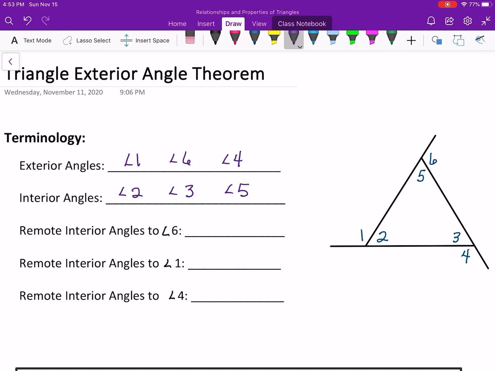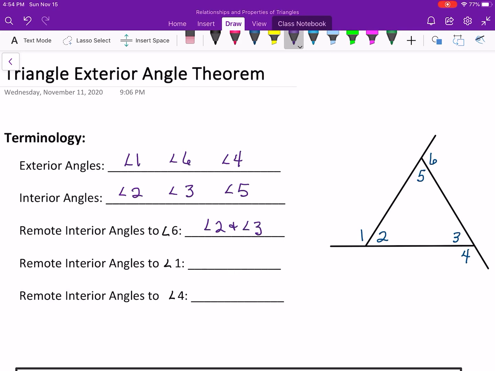So if we find angle 6, which is an exterior angle at the top of the triangle, the 2 interior angles that are the furthest away from it are angles 2 and 3. Those are called the remote interior angles to angle 6.